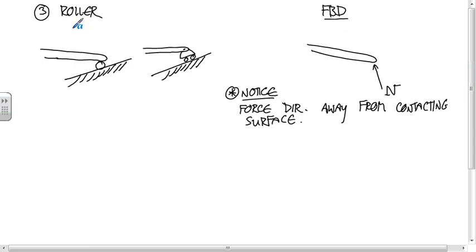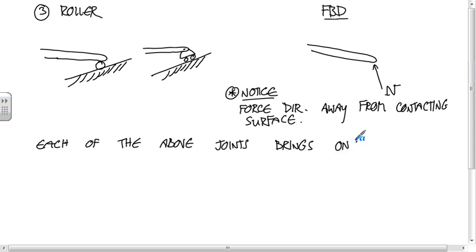Just one, that's right. Because the only variable is the scalar variable associated with that force, okay? So each of the above joint types brings one variable into the problem.